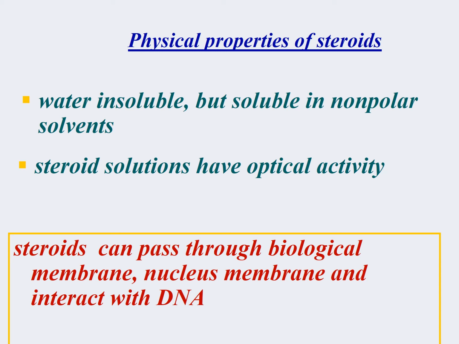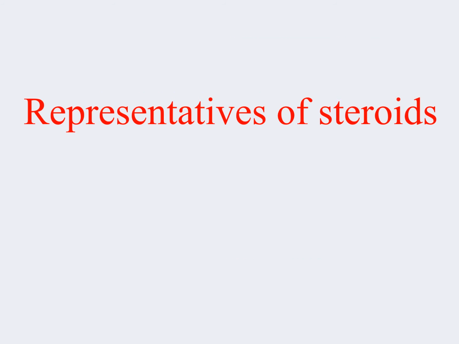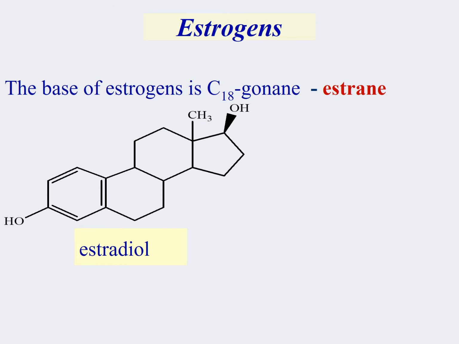Because of high lipophilicity, steroids can pass through biological membranes, the nucleus membrane, and interact with different biopolymers, including DNA. Now we will discuss different subgroups of steroids one by one.